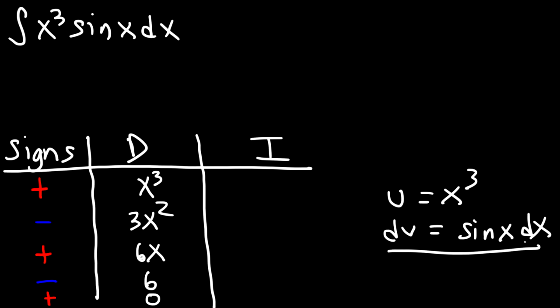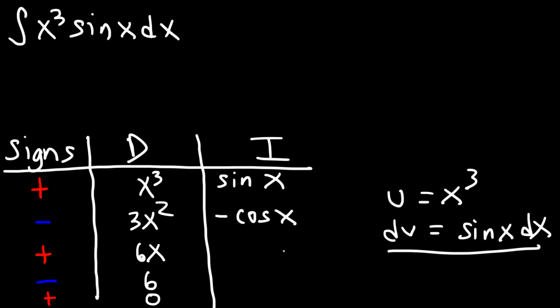Now let's focus on dv. So dv is sine x, and the integral of sine x, the derivative of cosine is negative sine, so the derivative of negative cosine is positive sine. So the integral of sine is negative cosine.